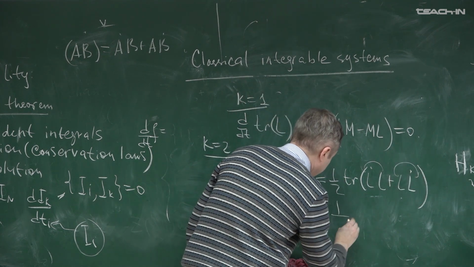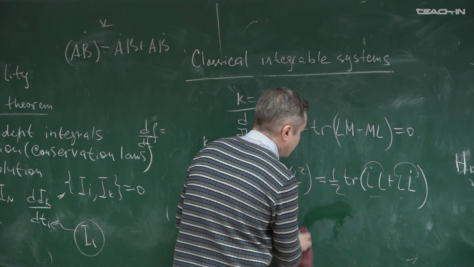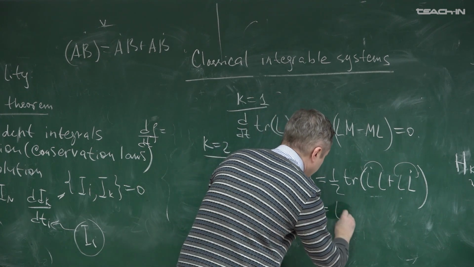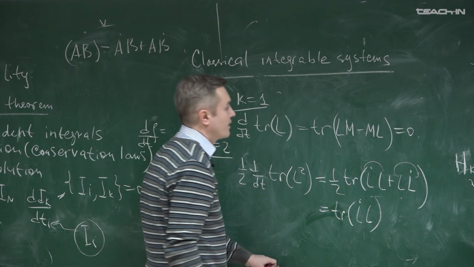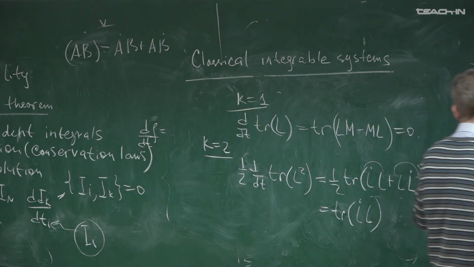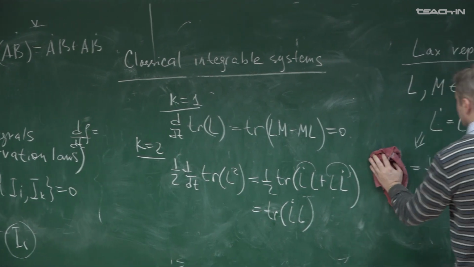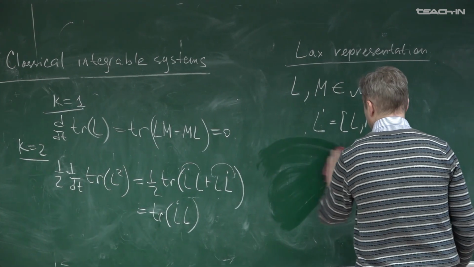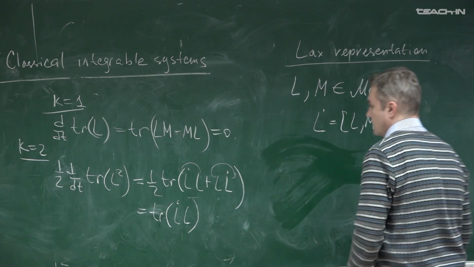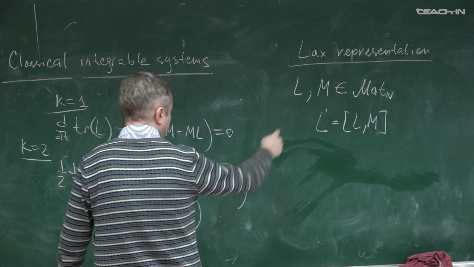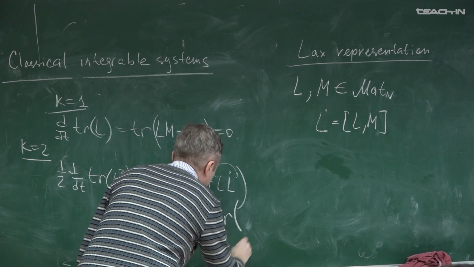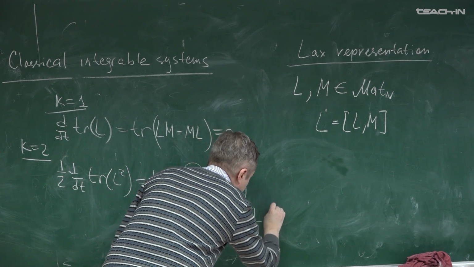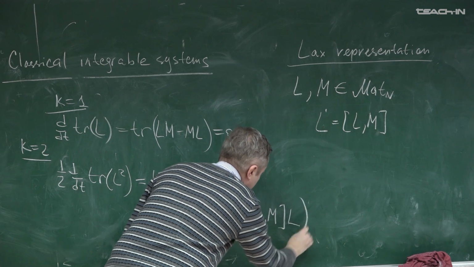So as a result, we obtain trace of L dot L. And finally, we substitute here the right-hand side of the Lax equation. It gives you commutator of L and M, here L.